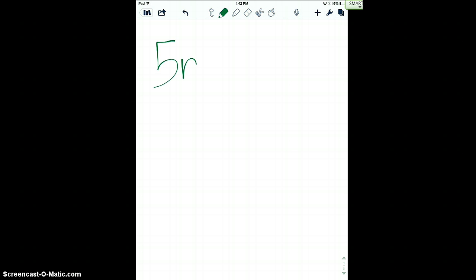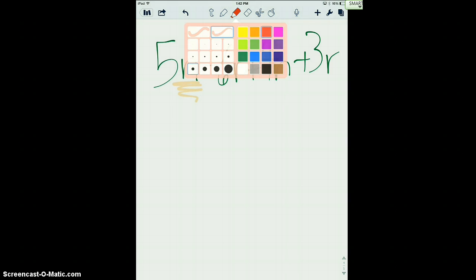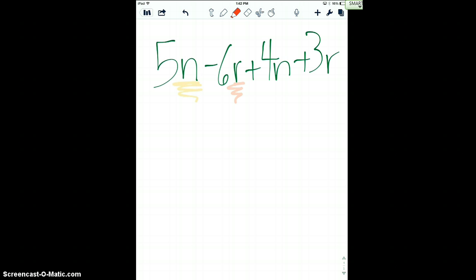So let's look at 5n minus 6r plus 4n plus 3r. This is considered medium spice because I don't just have n's. I also have r's. So I need to be able to look at this and say, well, how many total r's do I have sitting on this page?